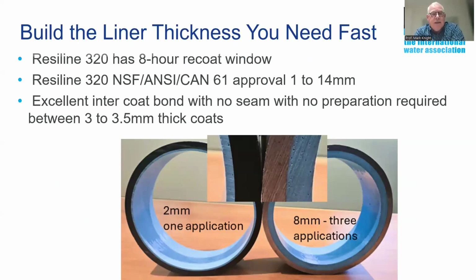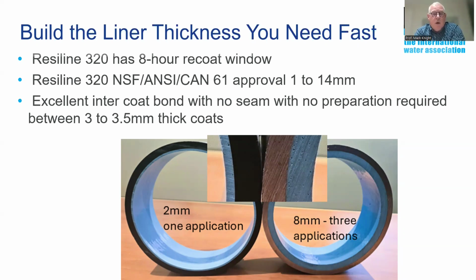What's really unique about ResiLine 320 is we have an 8-hour recoat window. So what does that mean? If I apply a second coat within 8 hours, you will not see a seam between the product. We'll basically make a homogeneous thick pipe. So again, I can go between 1 and 14 millimeters in potable water networks.